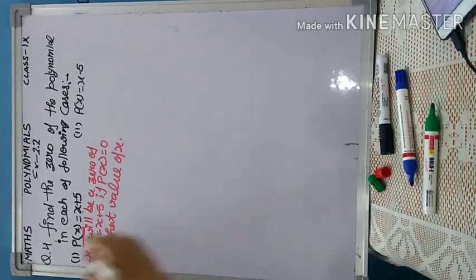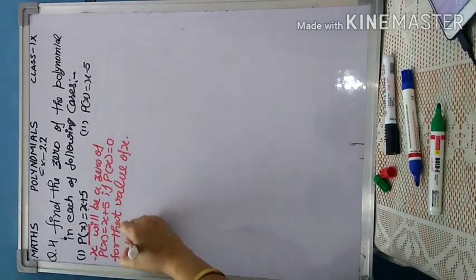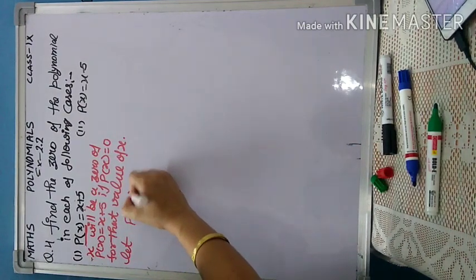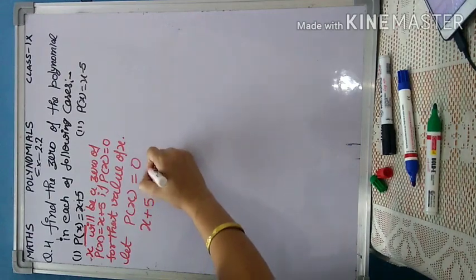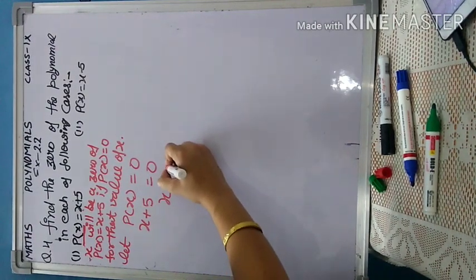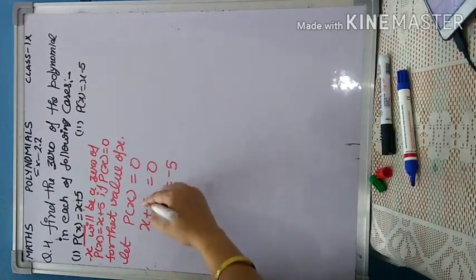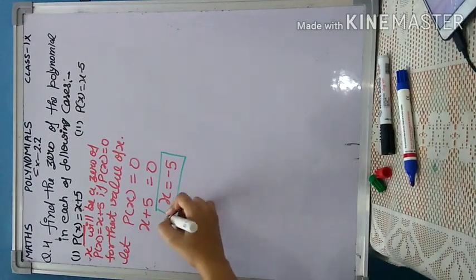Okay, so here let p(x) = 0. This means x + 5 = 0. So x is equal to what? Minus 5, and this is that value. That's it.